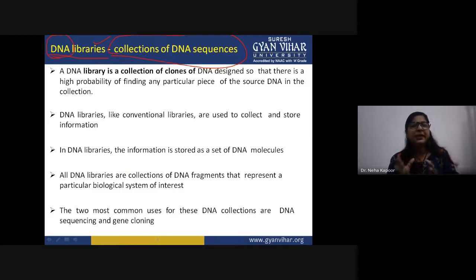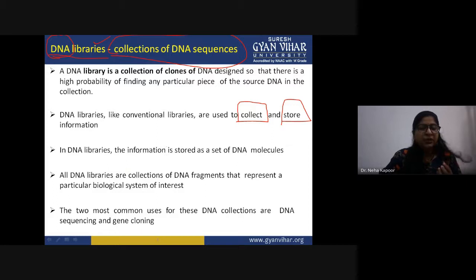Similar to conventional libraries, the main objective of a DNA library is also to collect the data, that means collect the DNA sequence information, and then store that information for later use or later work. In case of a DNA library, all the information is stored as a set of DNA molecules.